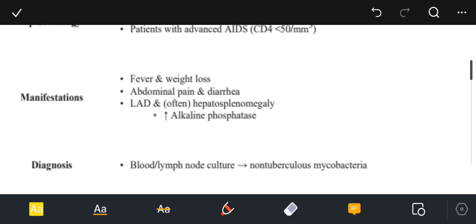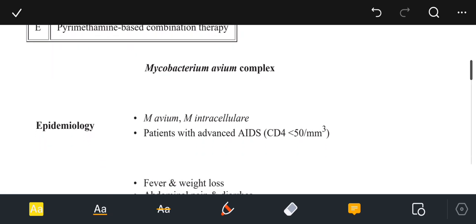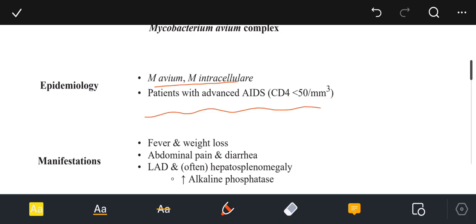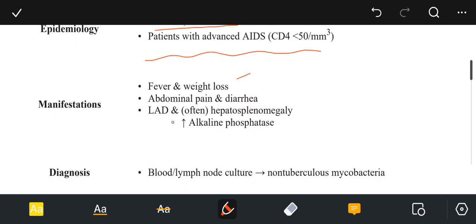Coming back to our discussion, so Mycobacterium avium complex epidemiology. Mycobacterium avium and intracellulare, and the patient is with advanced AIDS and CD4 count of less than 50 per millimeter cube. Manifestations include fever, weight loss, abdominal pain and diarrhea, LAD, and often hepatosplenomegaly and increased alkaline phosphatase.